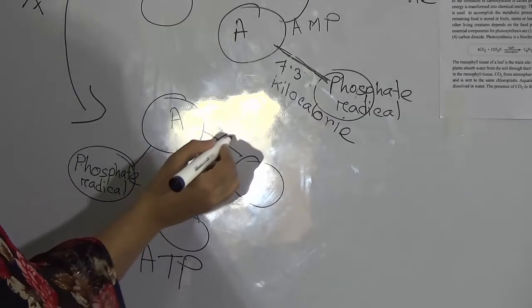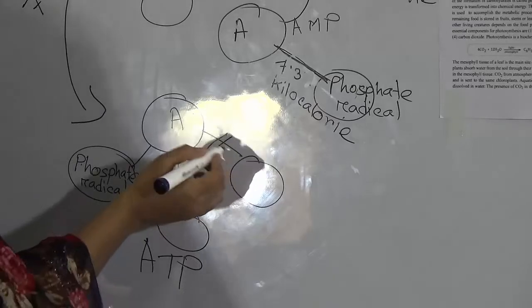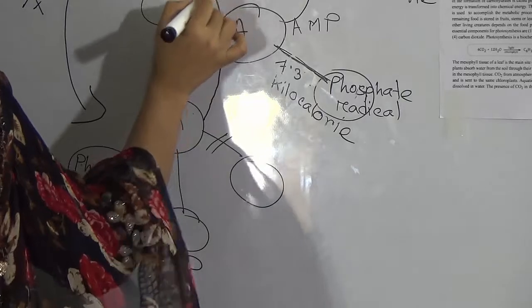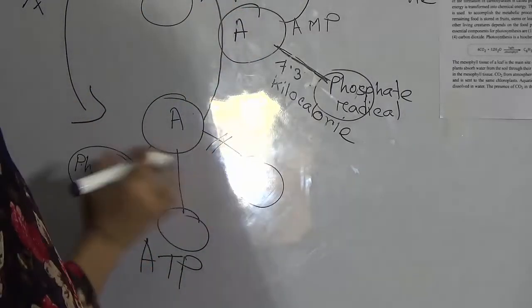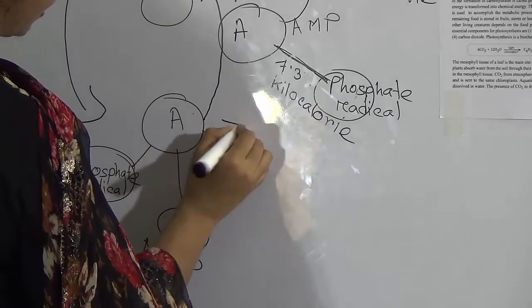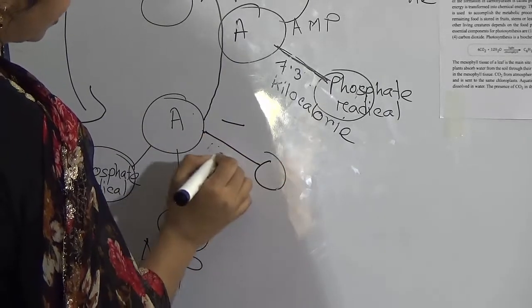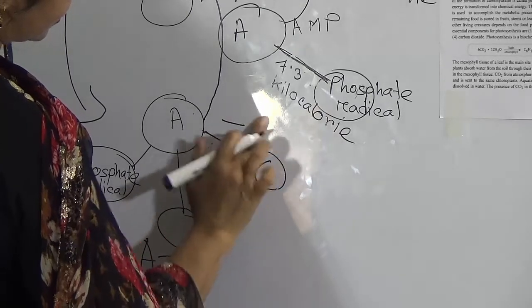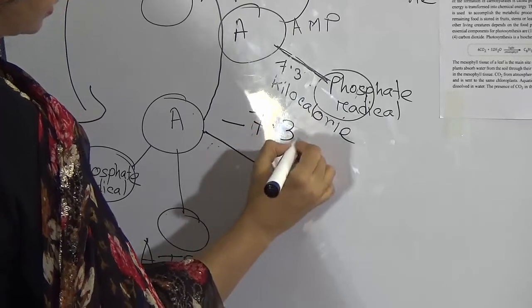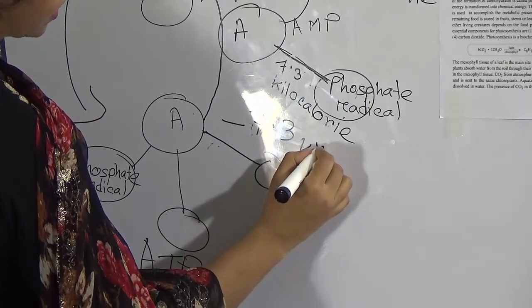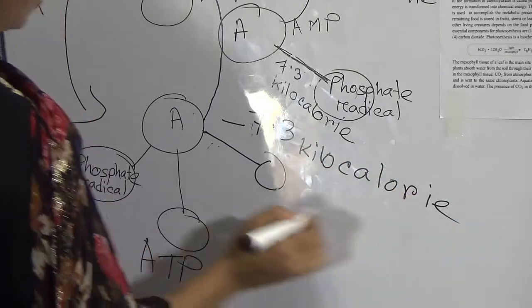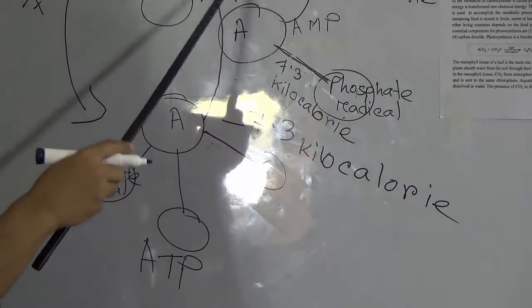I break that bond and I lose the energy, and that adenosine triphosphate again becomes adenosine diphosphate, losing 7.3 kilocalories.